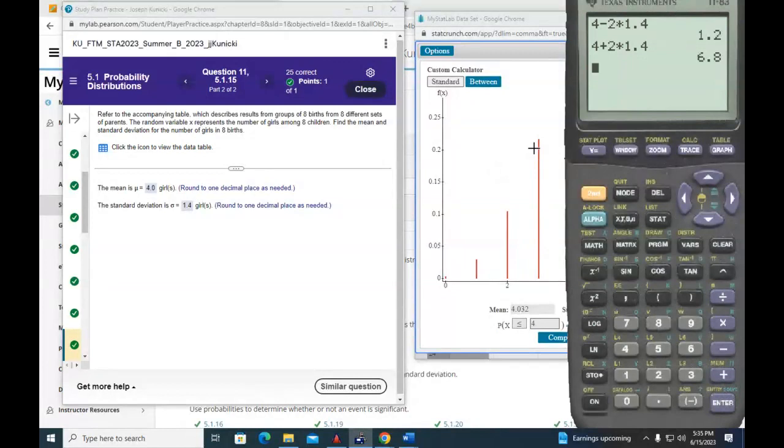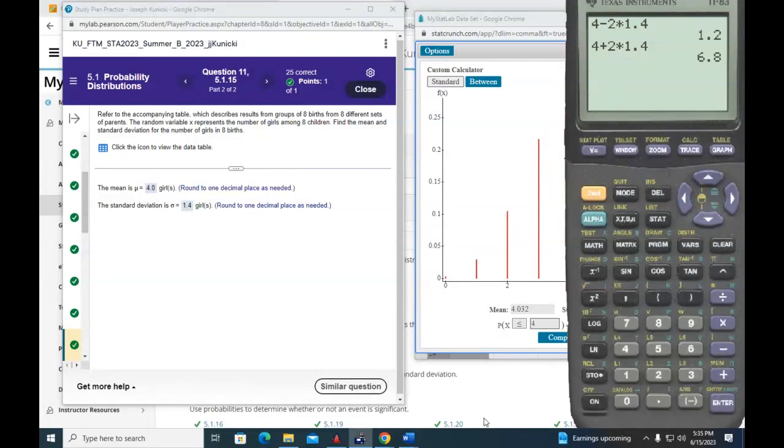So 0 and 1 are not included, and neither are 7 and 8. You see that? So it's cut from what? Because the data goes from 0 to 8. The confidence interval goes from 1.2 to 6.8. So I can't include 0 and 1 because they're both less than 1.2.